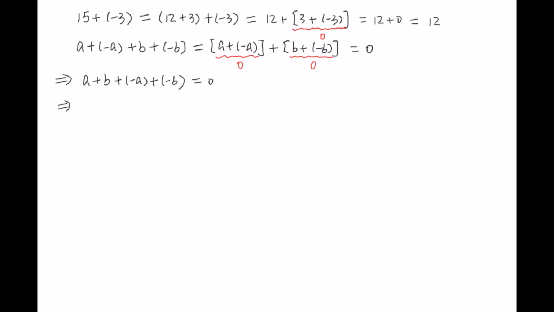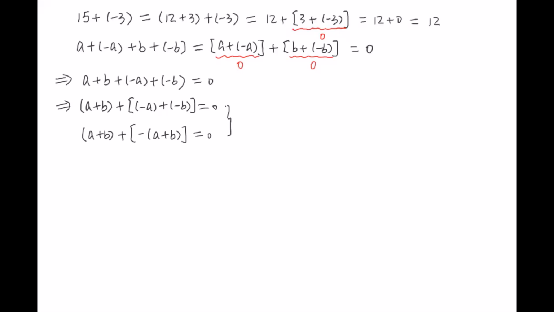And then we further use the associative property. We can group these four terms like this. (a plus b) plus (negative a plus negative b) is 0. By using the property of the opposite of a sum, we get (a plus b) plus (negative (a plus b)) equals 0.